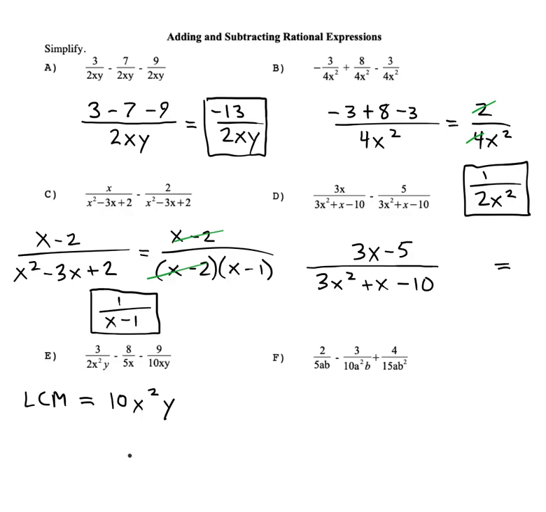So now let's just figure out what we have to multiply our tops and bottoms by to get the LCM. So one technique for doing that is to put like parentheses next to each term.